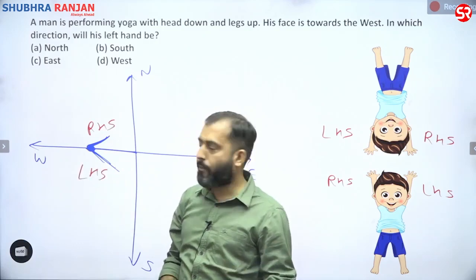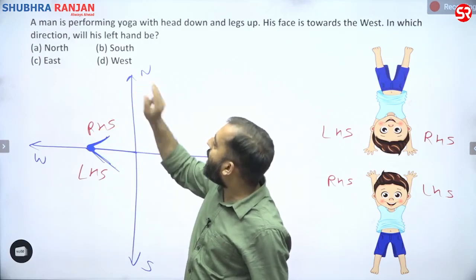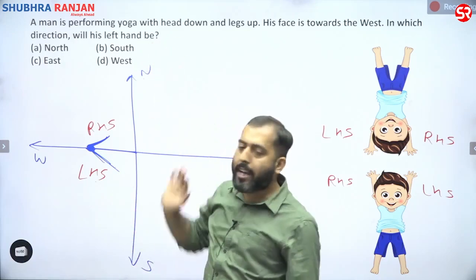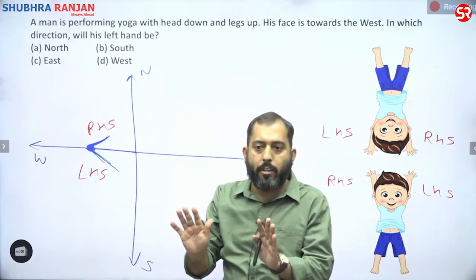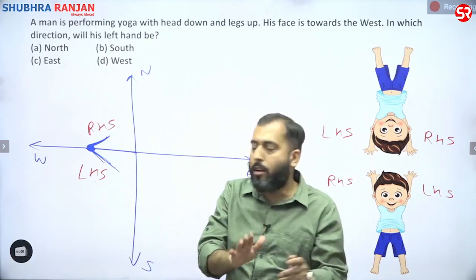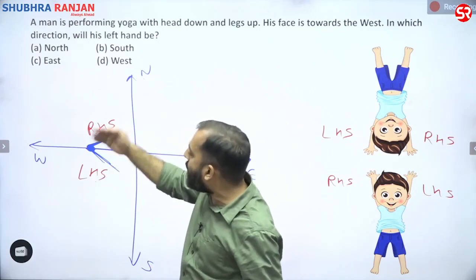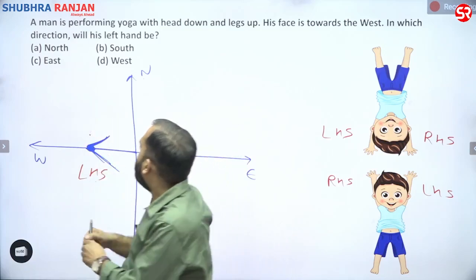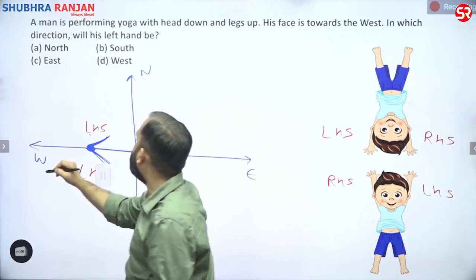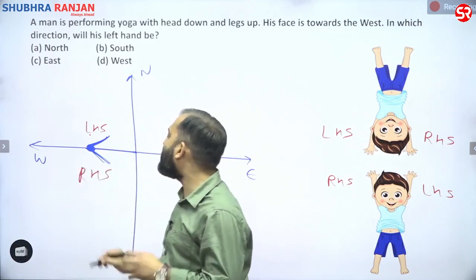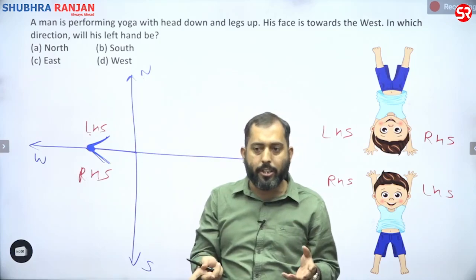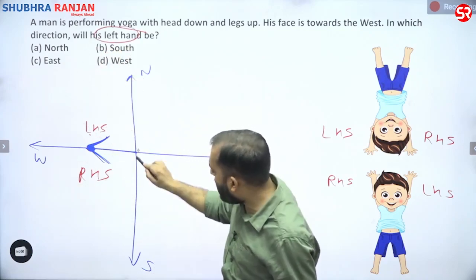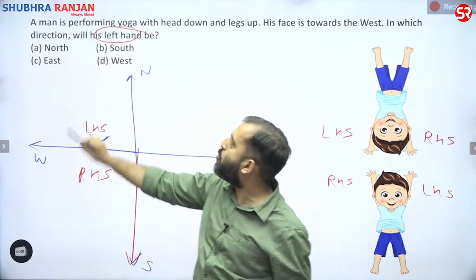Simple upright position. Then towards your right hand side north will come and towards your left hand side south will come. But in this particular case, you are not standing simply upright. You are standing upside down. So if somebody is standing upside down, this left and right will get interchanged. So this will become left hand side and this will become right hand side. If you are standing upside down, left and right will get interchanged. And finally, we want to find out in which direction the left hand is. So the left hand is in the south direction. The answer has to be option B.